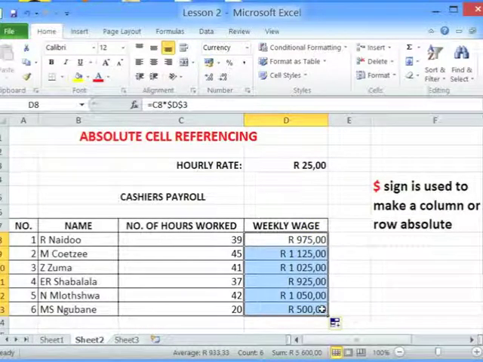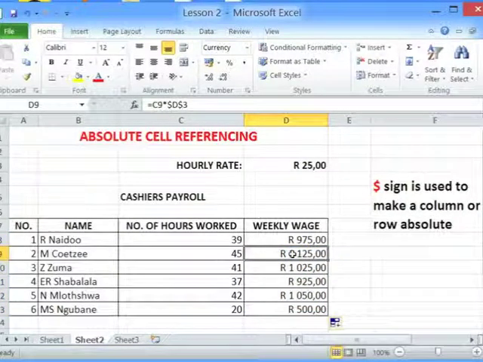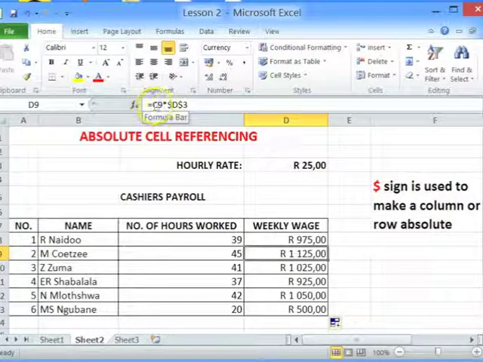I have calculated the weekly wages of M. Kutsia, Z. Zuma, E. R. Shabalala, N. Mlochwa, and M. S. Ngubane. Let us look at what is the formula contained in cell D9. So if you look at the formula bar, it is equal to C9.